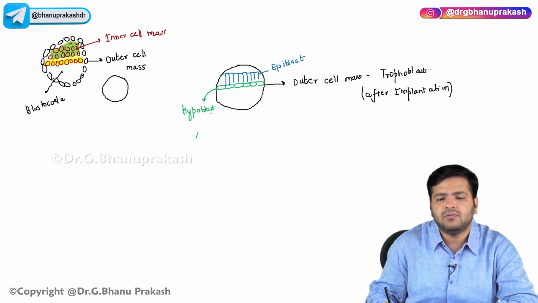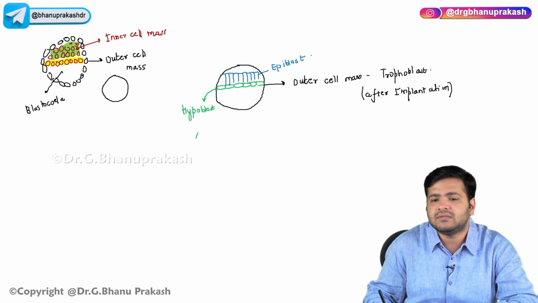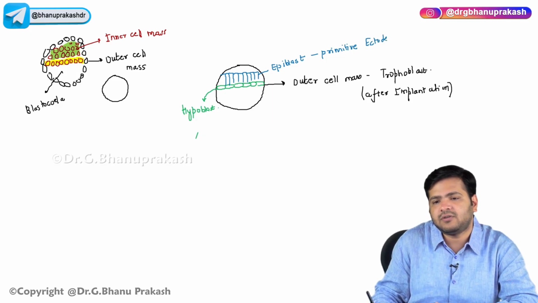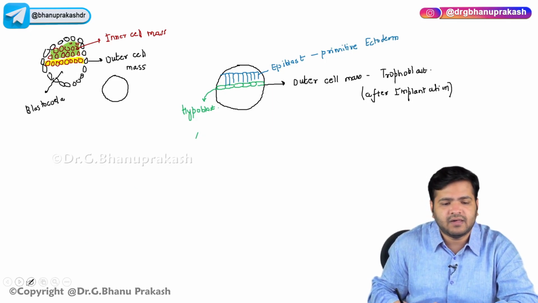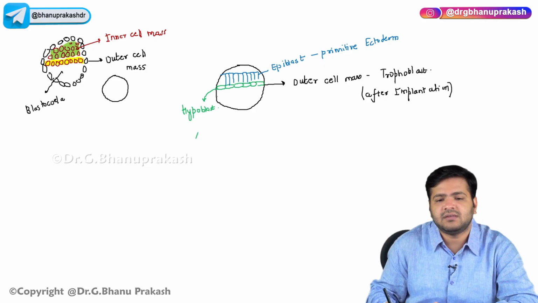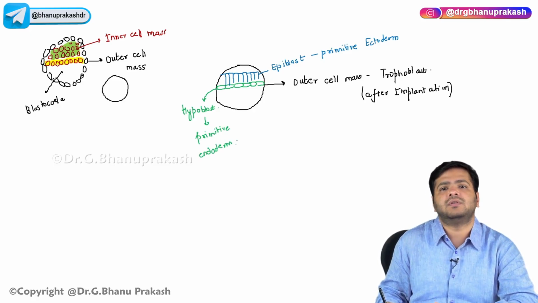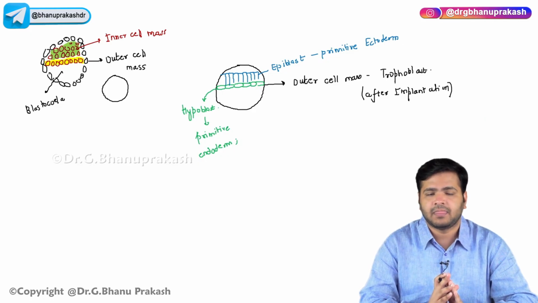Now you already know the epiblast is the primitive ectoderm. It will form the ectoderm later on. So it is the primitive ectoderm, and the hypoblast is the primitive endoderm. Primitive endoderm, right. So that is the first change which is happening.